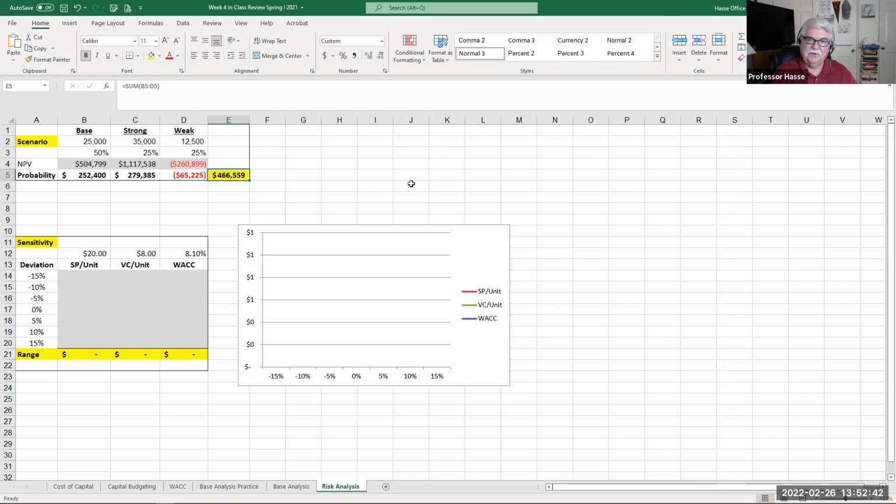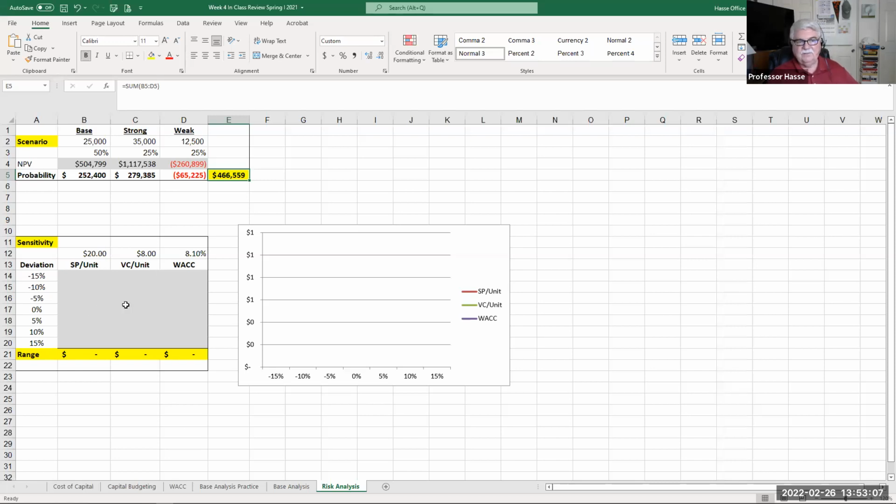That's the scenario analysis of the risk portion. So the risk of changing outputs is not that great. We still are looking like, based on the probabilities, we're going to make that number. The sensitivity analysis is taking a look at specific variables and how they change the NPV.